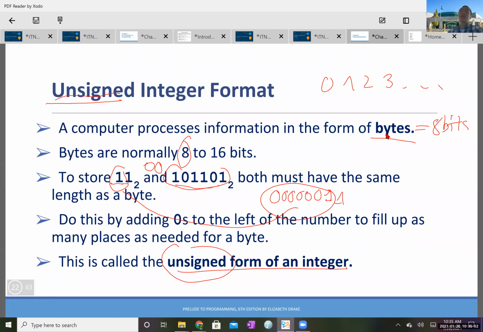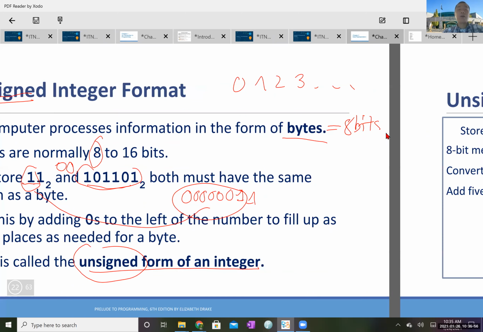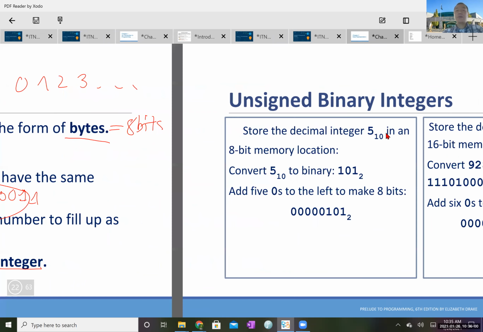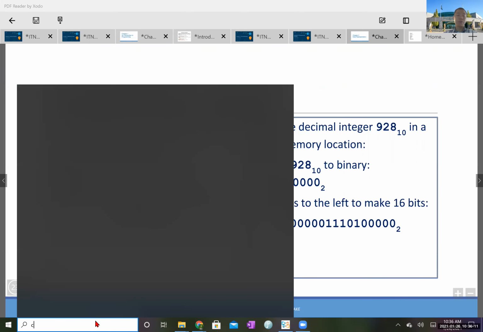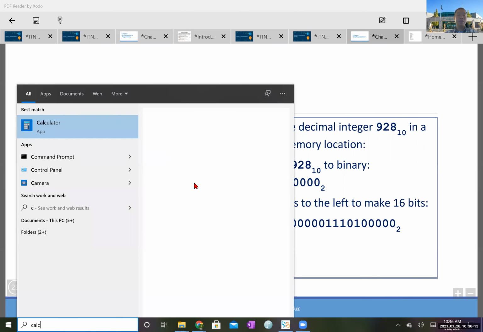The way you work with the unsigned binary integer is very simple. To store the decimal integer 5 in 8-bit memory, you just convert 5 to binary. You can use a calculator if you want; I'm not asking you to convert manually.